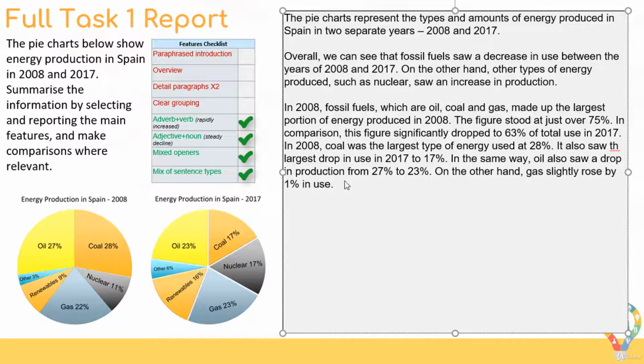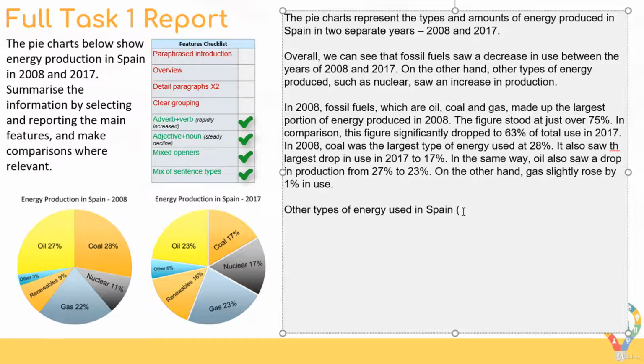Okay, so let's move on to my second detailed paragraph, which is describing other, renewables, and nuclear. I can start this off by saying other types of energy used in Spain, and I'm going to use brackets, which again is the grammar aspect of this report.